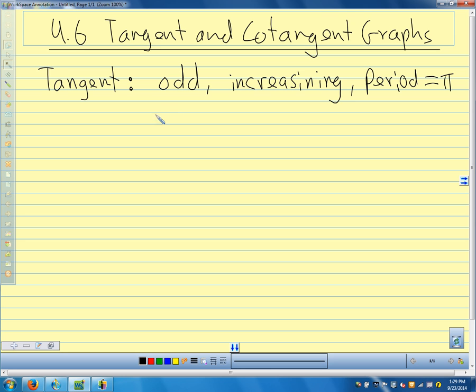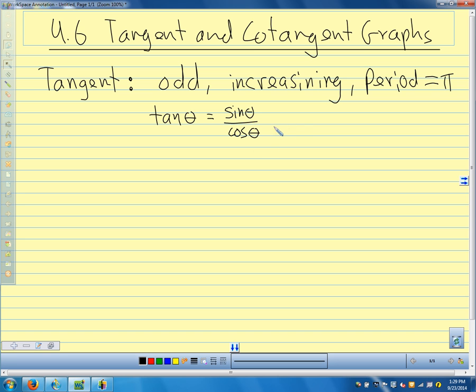Now, something interesting happens because tangent theta equals sine theta over cosine theta. What happens to a graph of a function when we have a fraction like this and we divide by 0? We have a vertical asymptote. Very nice.